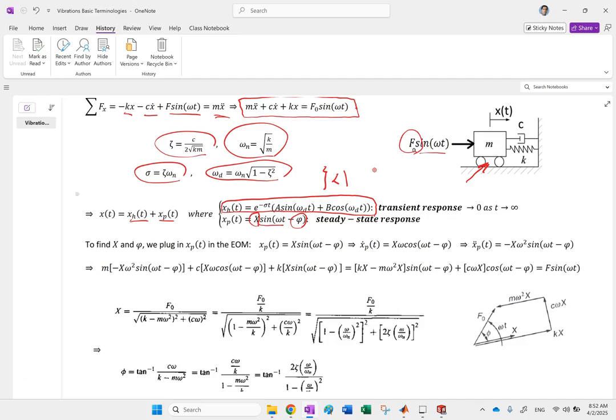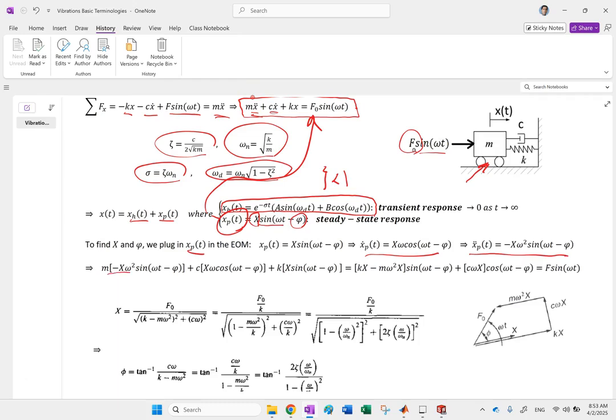Now, in order to find this amplitude x and phase phi, we have to plug the particular solution back into the differential equation. So we plug the xp right into the ODE. And of course, we need to find the first and second derivatives of this harmonic function. The first derivative and second derivative are shown here.